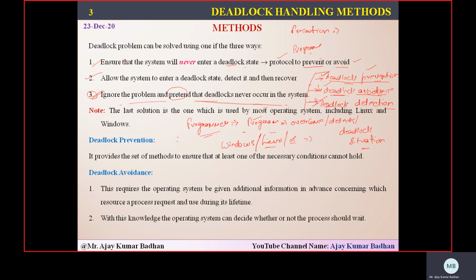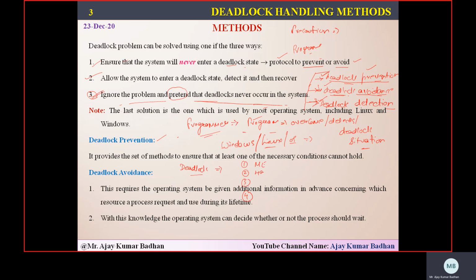Okay. So let's see what are the different algorithms we do have. In order to overcome that, first is deadlock prevention. Now, what exactly is it saying in this particular scenario? He has just given a glimpse of it. We know that a deadlock may arise only when all four necessary conditions take place. What are those?